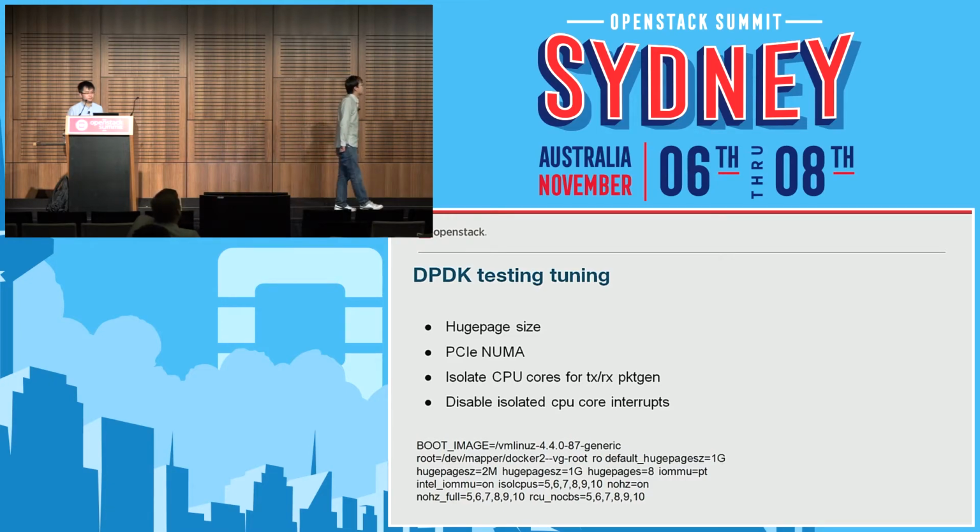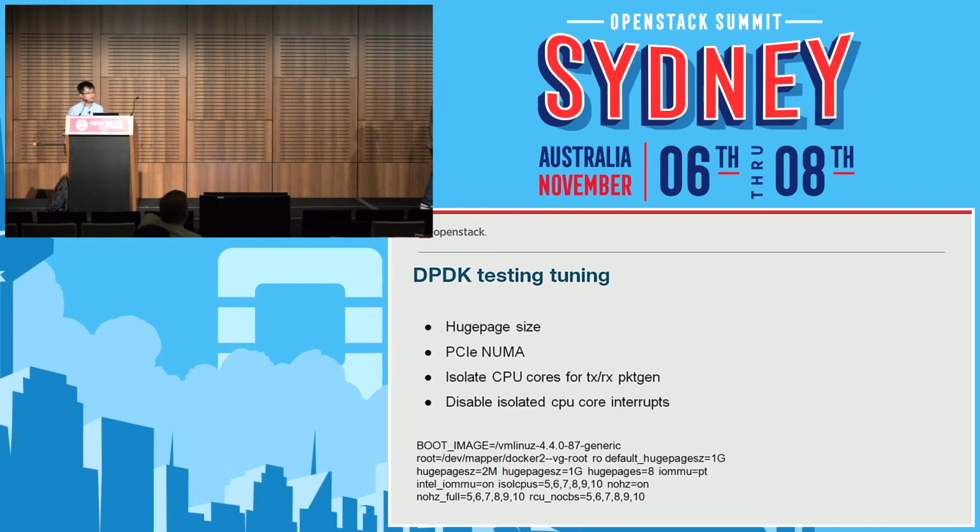It includes setting the huge page size, which can be 1 gigabyte or 2 megabytes. We are using 1 gigabyte to get the best performance. And NUMA is also one important thing to consider if you want to get the best performance.